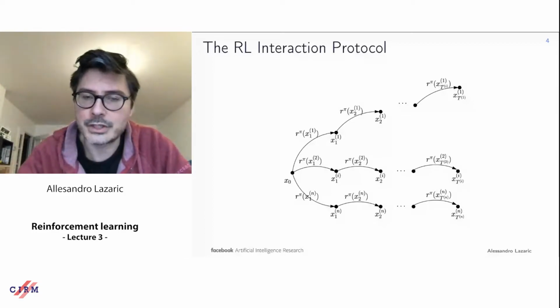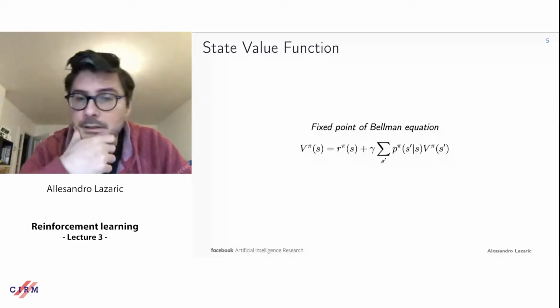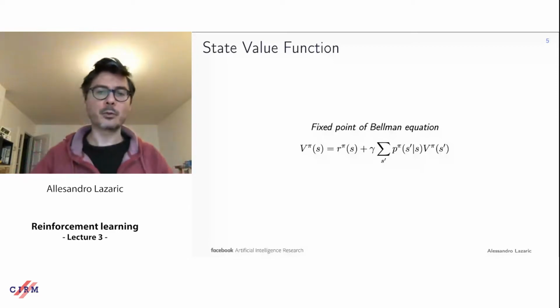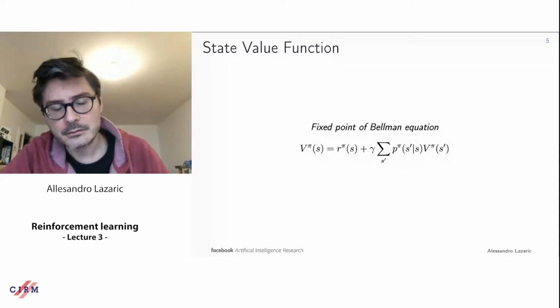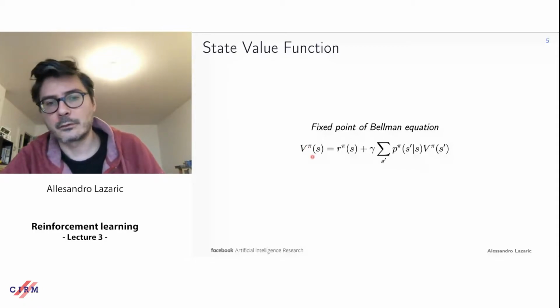Here I will jump right into the more properly reinforcement learning approaches to this problem. And everything actually stems from the Bellman equation. If you remember, a function v is the value function associated to the policy pi if it satisfies this equation.